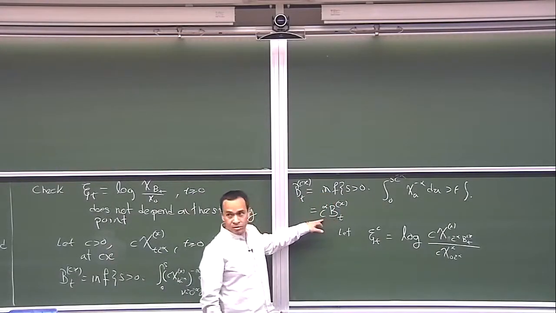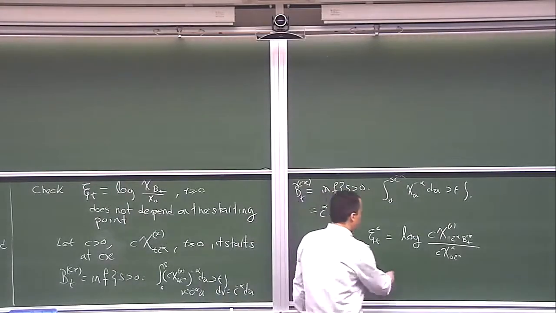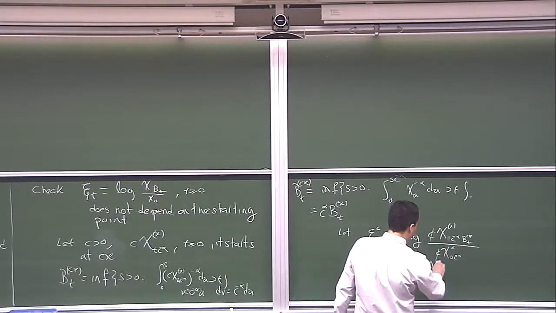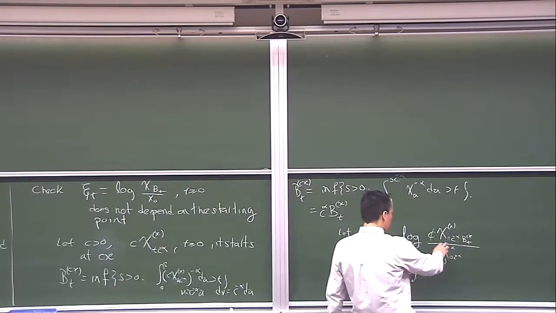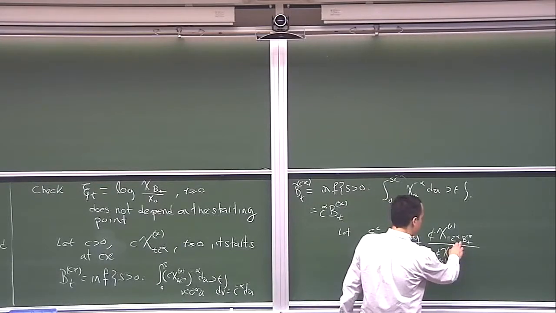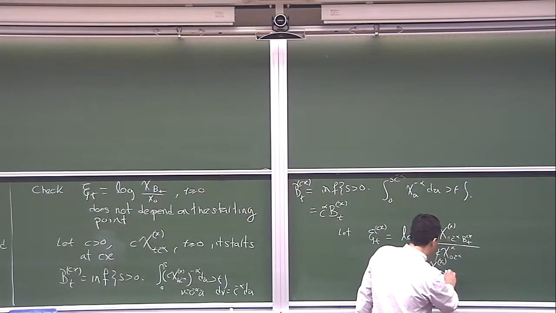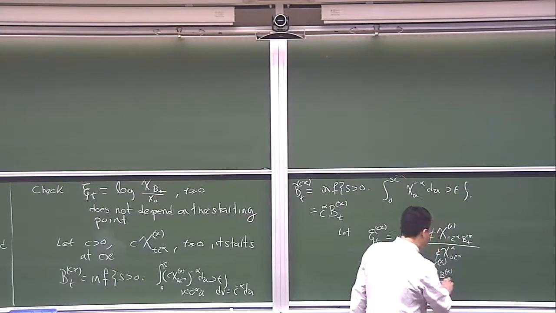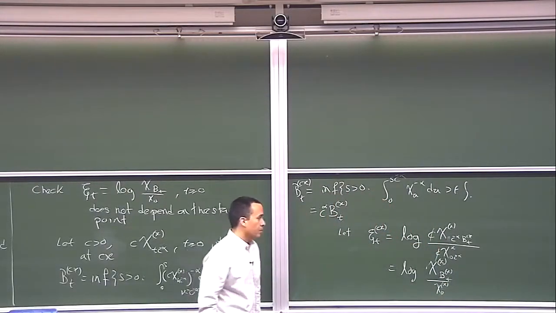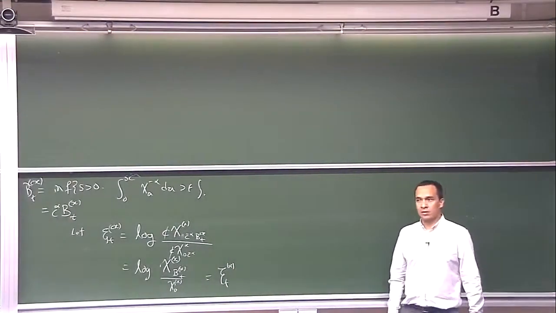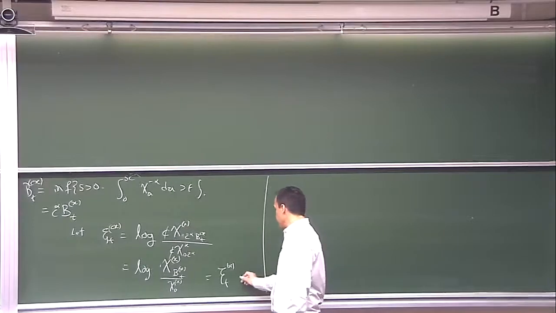But by this construction, we have that this C and this C cancel, and the C that is here, C times x, it's B x t over x0 of x. Okay? But this is just psi t starting from x. Okay? And this holds for all t.